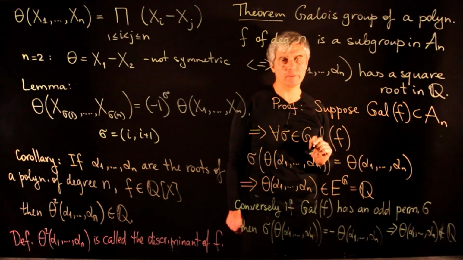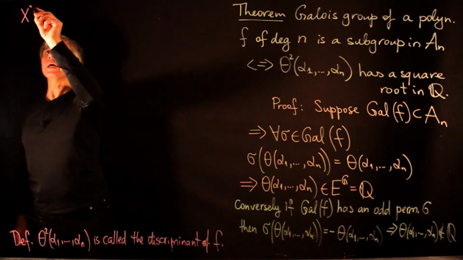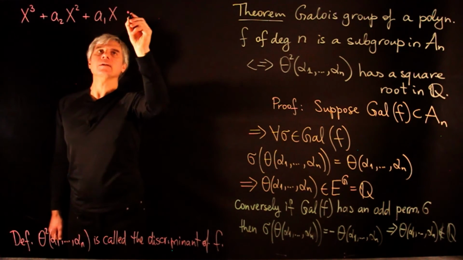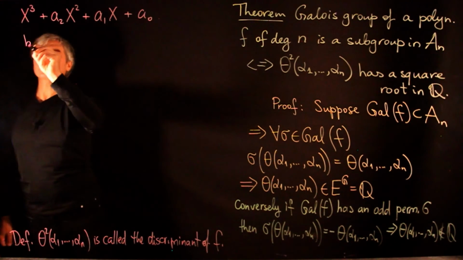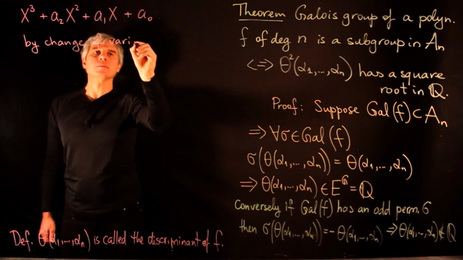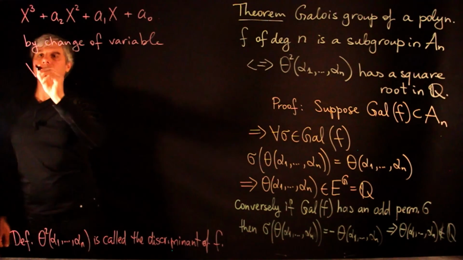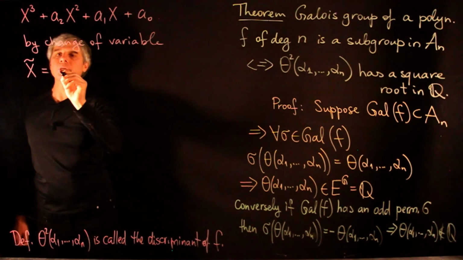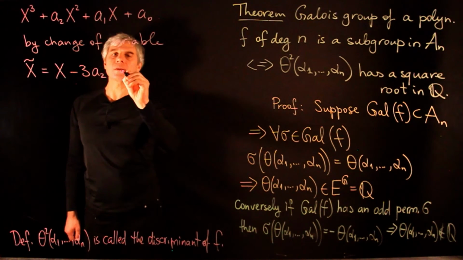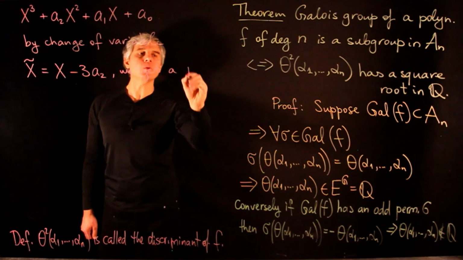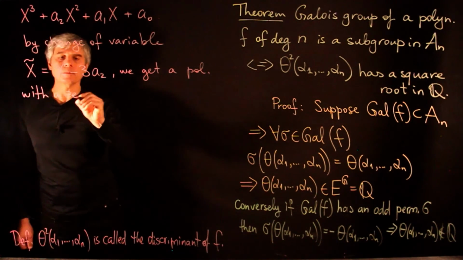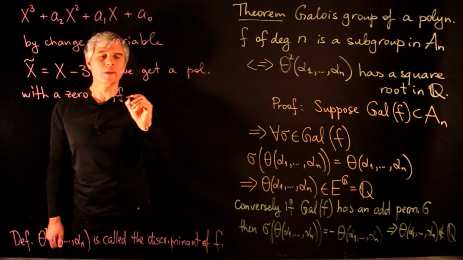If we have a cubic polynomial, x cubed plus a2 x squared plus a1 x plus a0, then by change of variable, so if we set the new variable x tilde to be x minus a2 over 3, then it's easy to check that we get a polynomial with a zero coefficient at x squared.